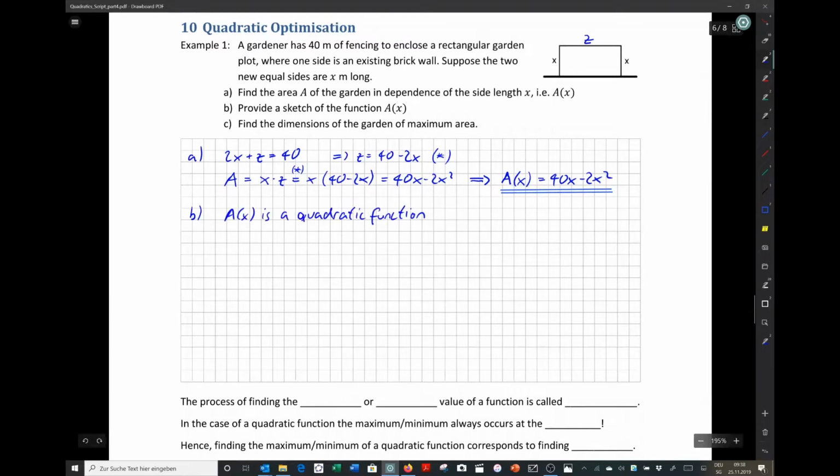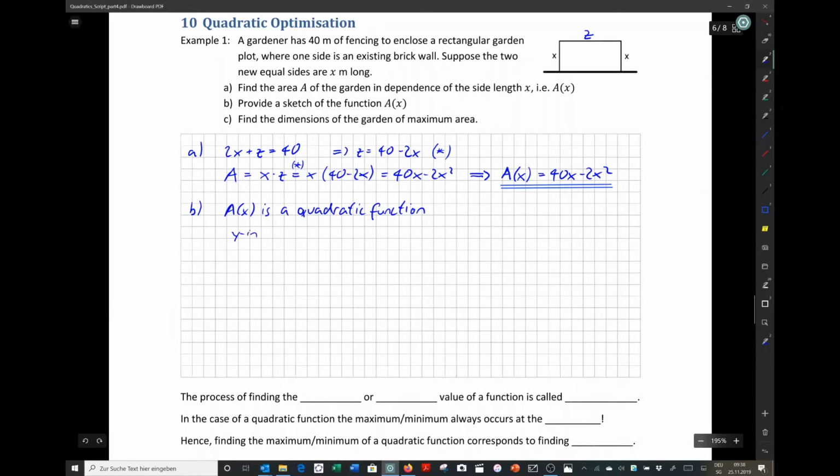So in order to sketch it, let's find the y-intercept, the zeros, and the vertex. For the y-intercept, we look at A of 0, which is 0, so the y-intercept is (0, 0). For the zeros, we set A of x equal to 0, so we get 40x minus 2x squared equals 0.